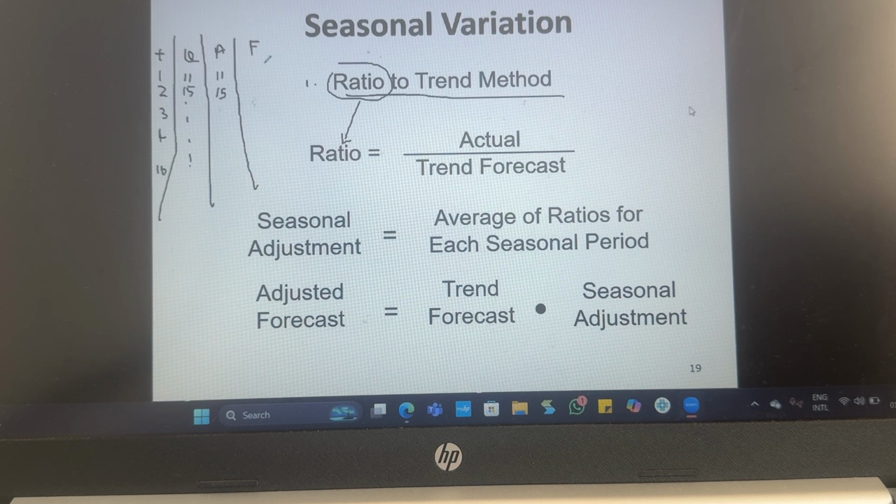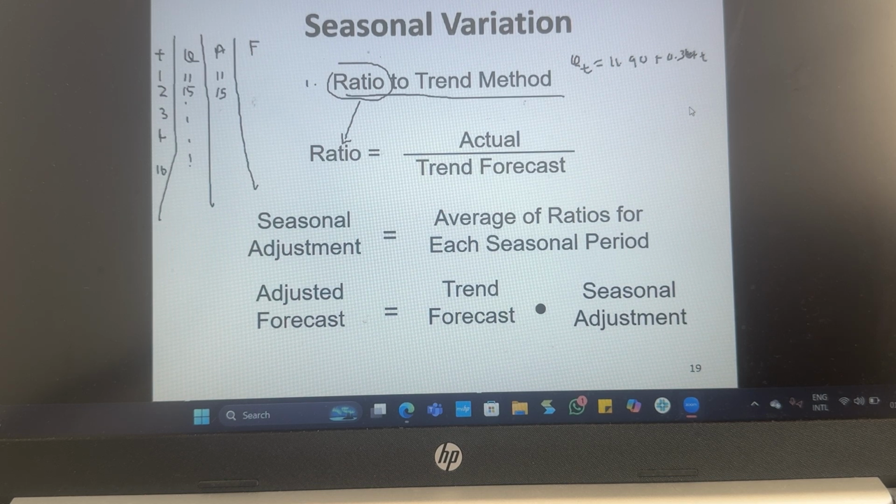Then for the trend forecasted value, you have to use that equation. What is our equation? 11.90, 394.